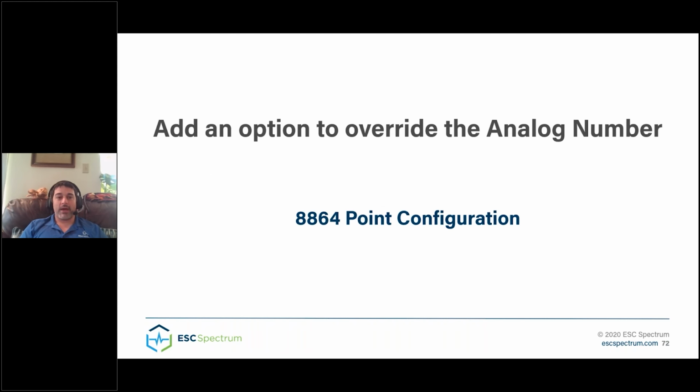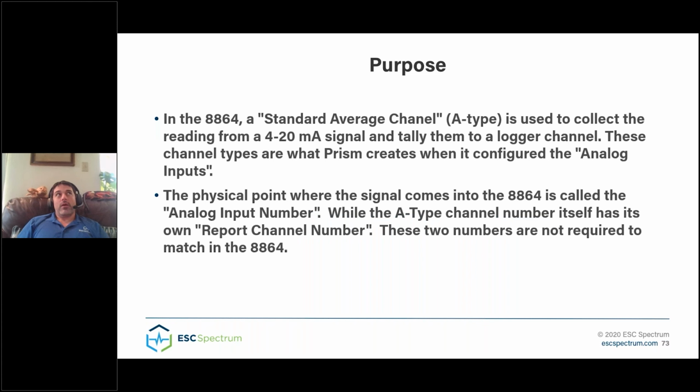All right, add option to override the analog number for 8864 point configuration. So for a little bit of background on this, for analog inputs on the 8864, we use what's called an A-type channel. It's a standard averaging channel.